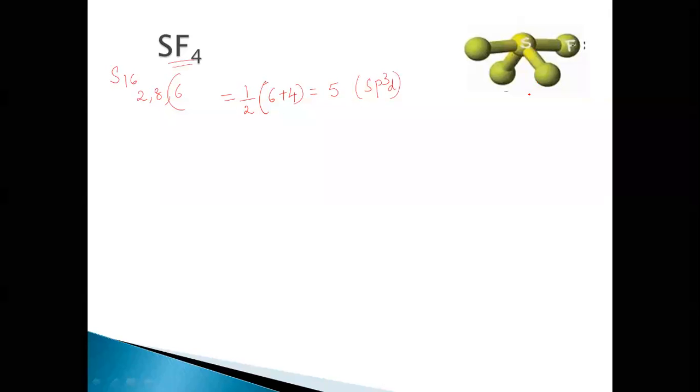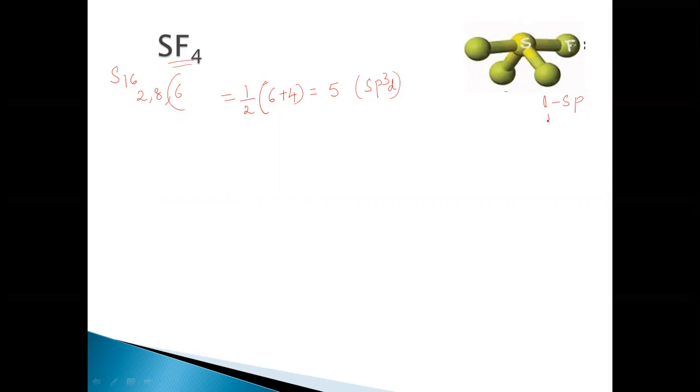In the previous cases, I forgot to tell you that the hybridization is sp in the case of linear, sp2 in trigonal planar, sp3 in tetrahedral, and sp3d in trigonal bipyramidal. Yes, the hybridization is sp3d here.